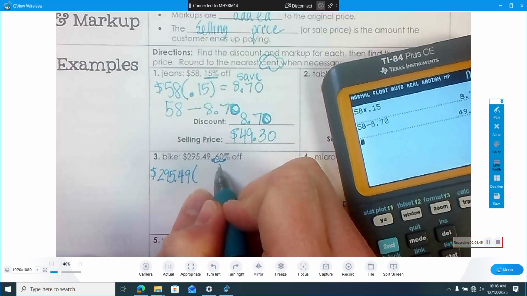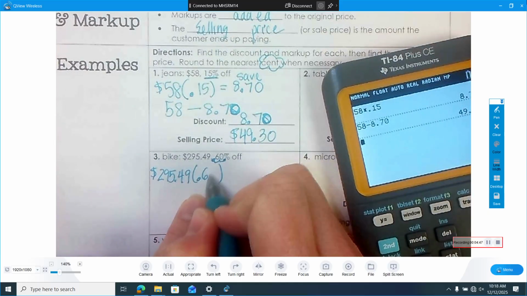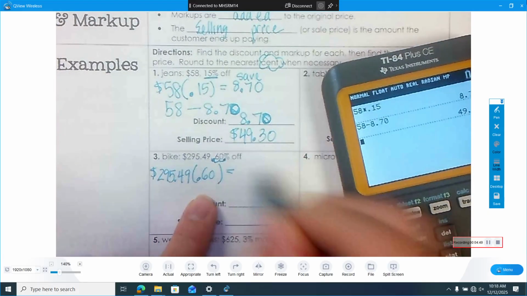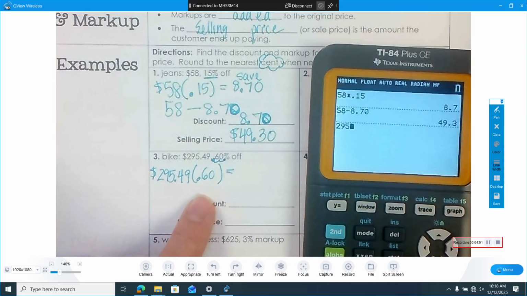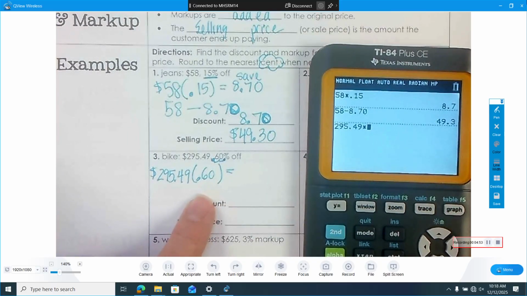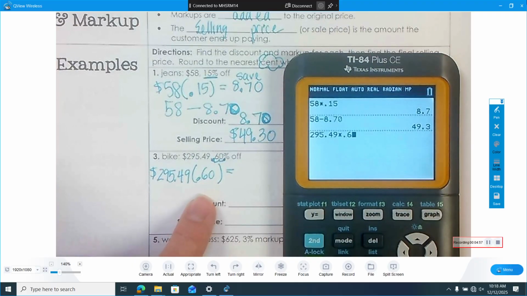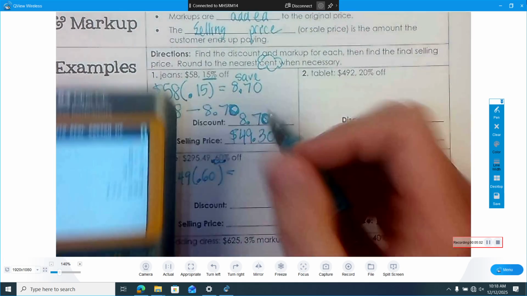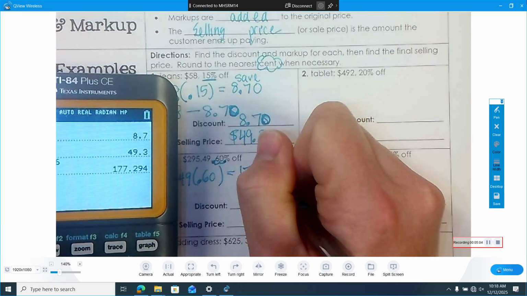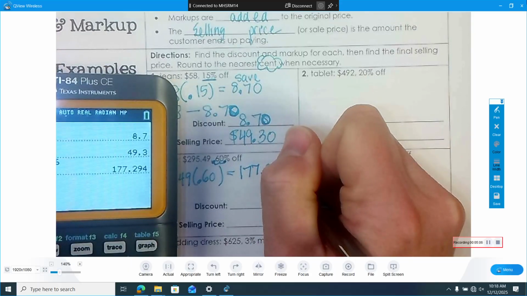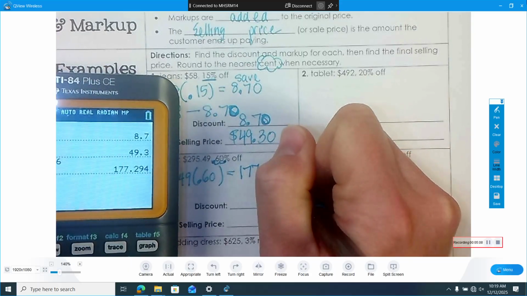Yeah, we're just going to move that decimal 2 places. So 295.49 times 0.60, and I get 177.29.